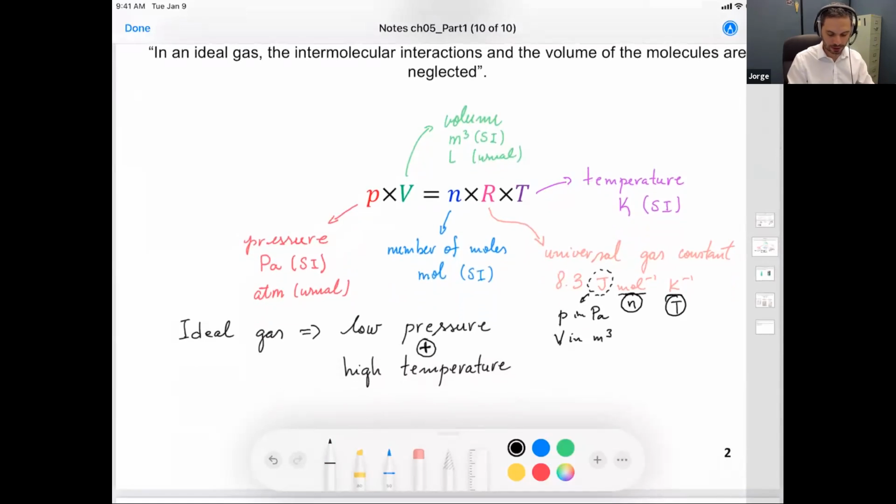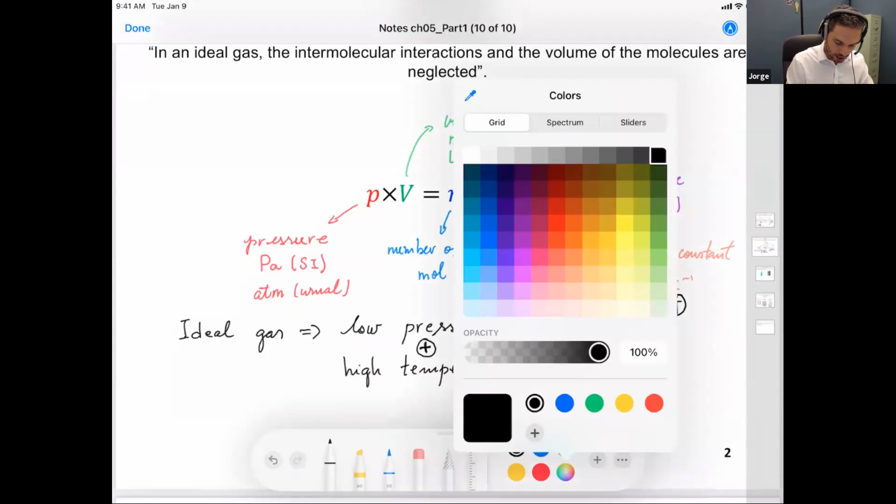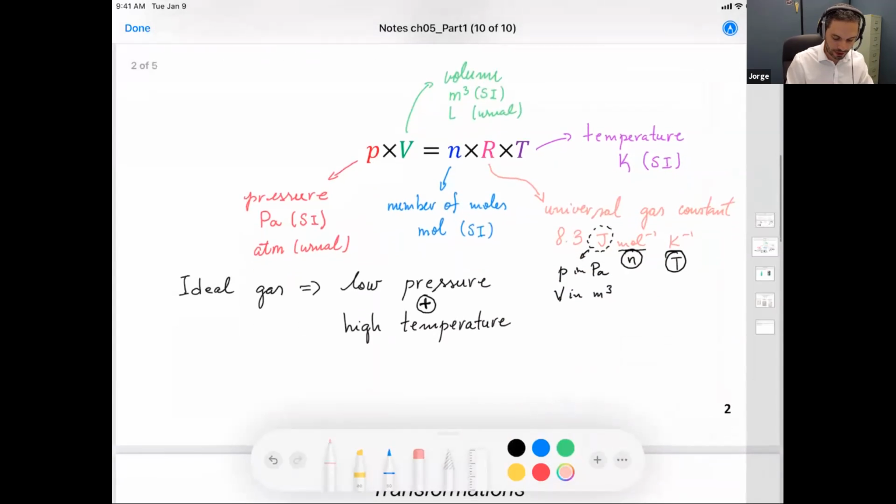Always pay attention to the units of the constant, and that will determine all the other units that you have to use for the other components of the ideal gas equation. Another value for the universal gas constant that is also very common is 0.082.